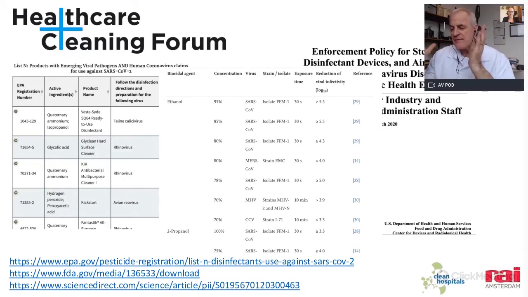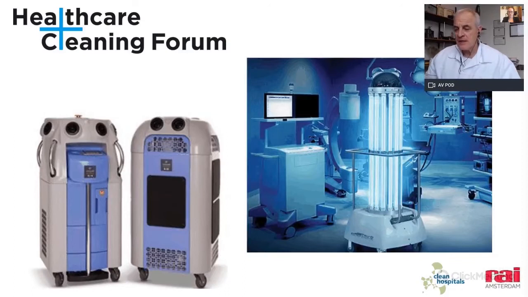And there are over 300 disinfectants that work on SARS-CoV-2 or COVID-19, according to the US EPA, to the FDA, according to ECDC, or whatever. So again, this is not an issue of the product that would work or not. The issue is the way you apply the product.